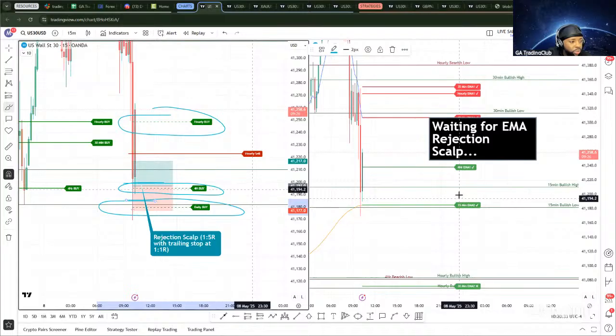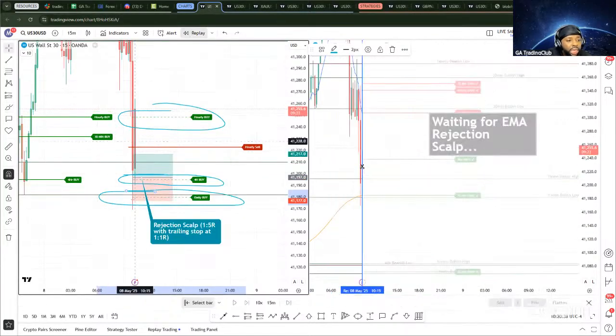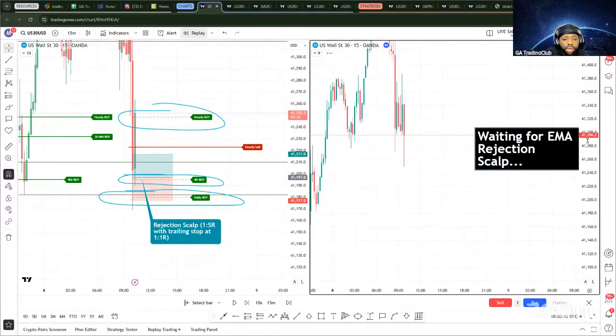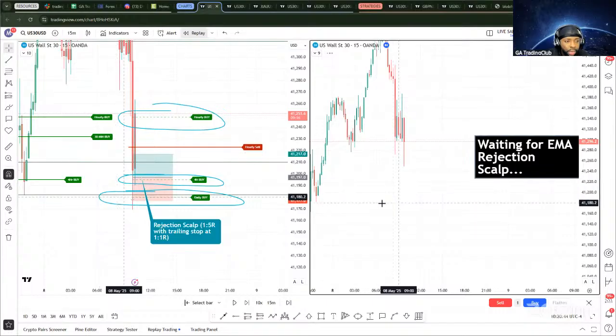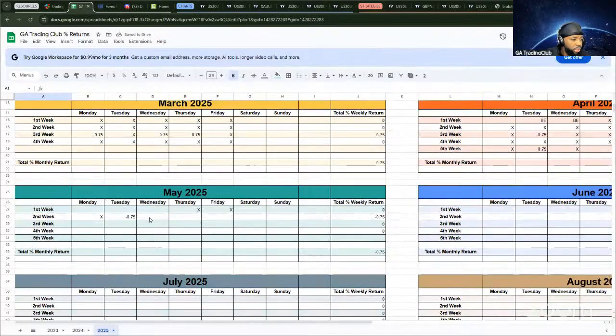And I did say as well, on my right, we had an EMA entry. So if we look at the EMA rejection, hopefully it loads, but as we wait for it to load, today's Thursday, so today is just break even.